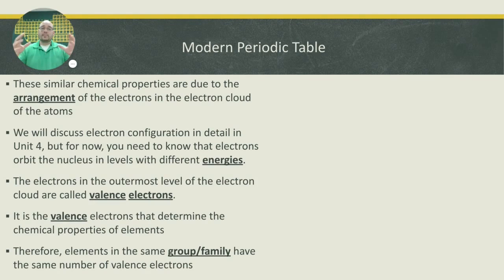As you get bigger atoms, the valence electrons are farther away from the nucleus. That changes the properties a little bit, but how they behave and what their chemical properties are depends upon the arrangement of those electrons.